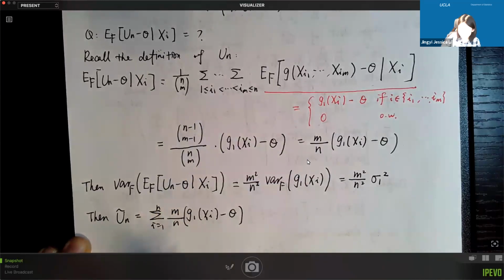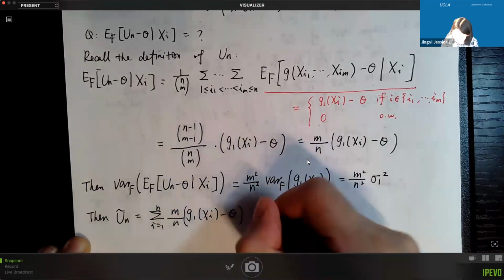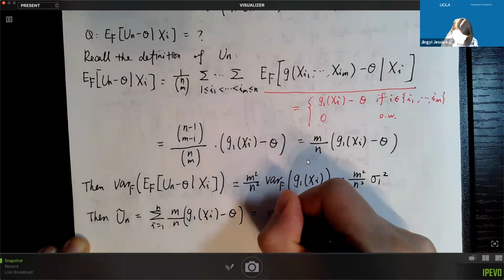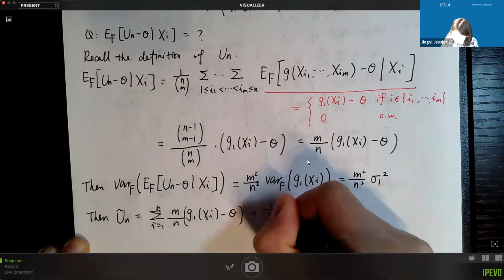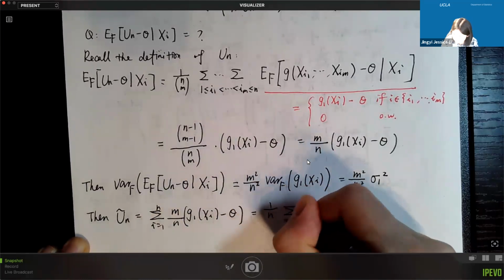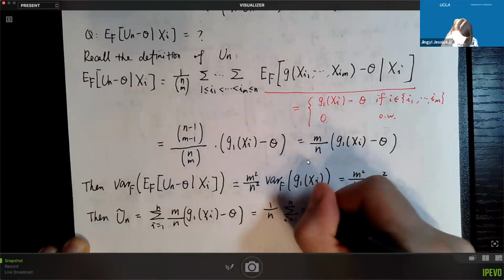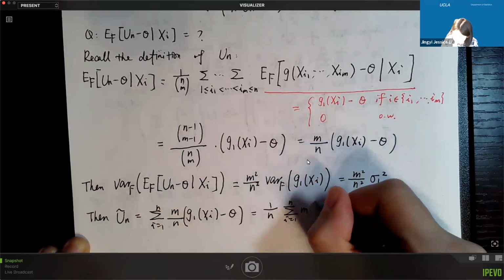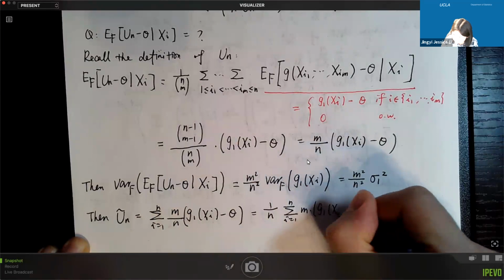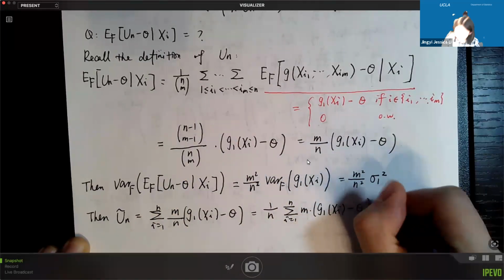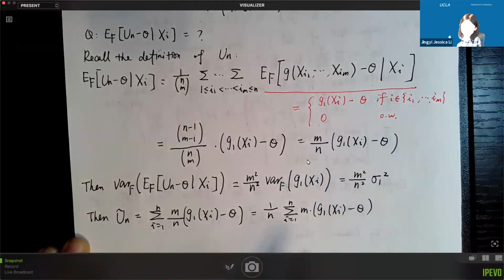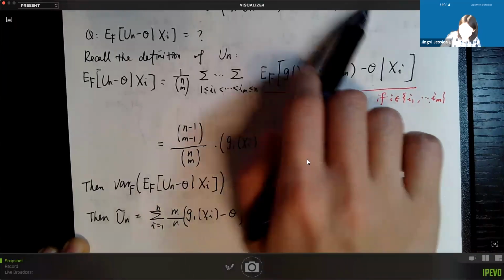Okay, and then I move the n out of the summation. So I would have 1 over n, the n comes from here, i from 1 to n, times g1 xi minus theta. So I'm going to apply central limit theorem to this, not this, okay?